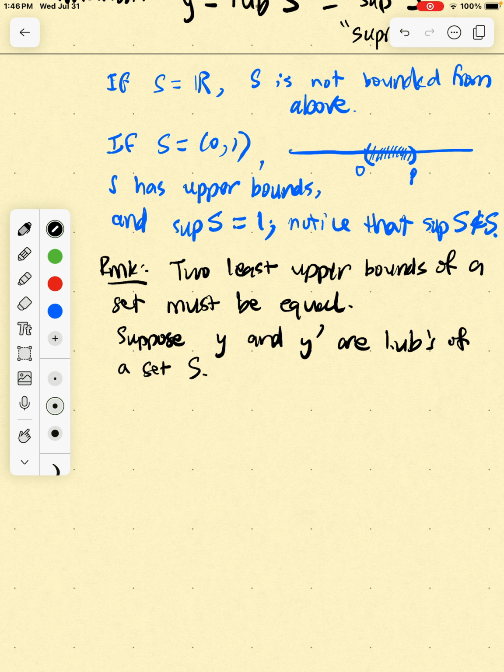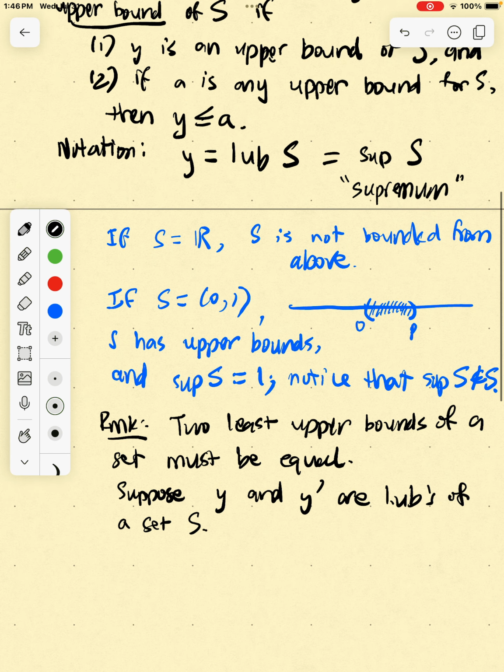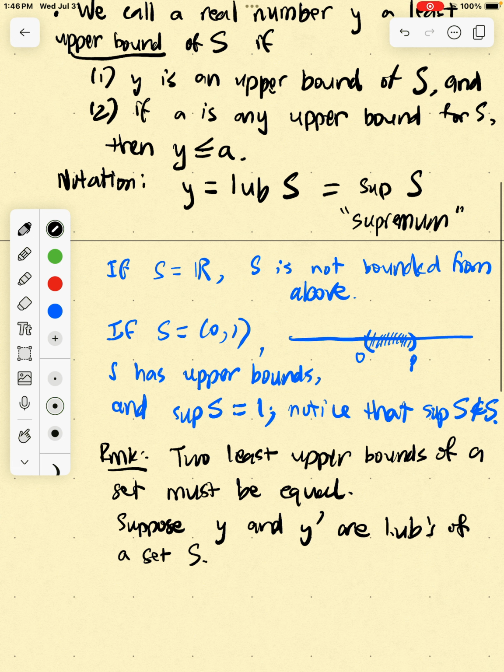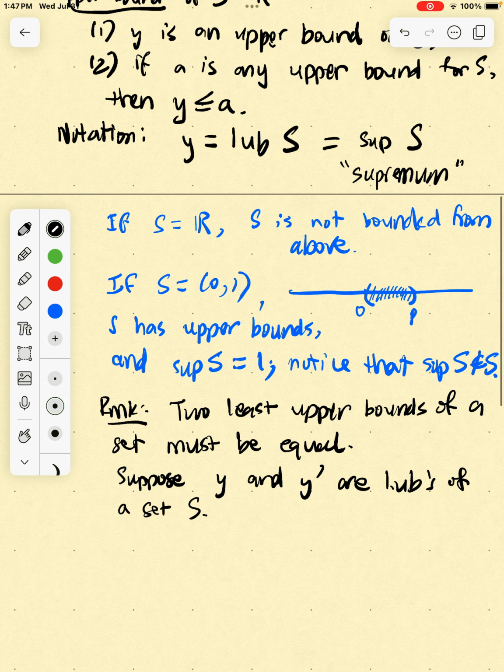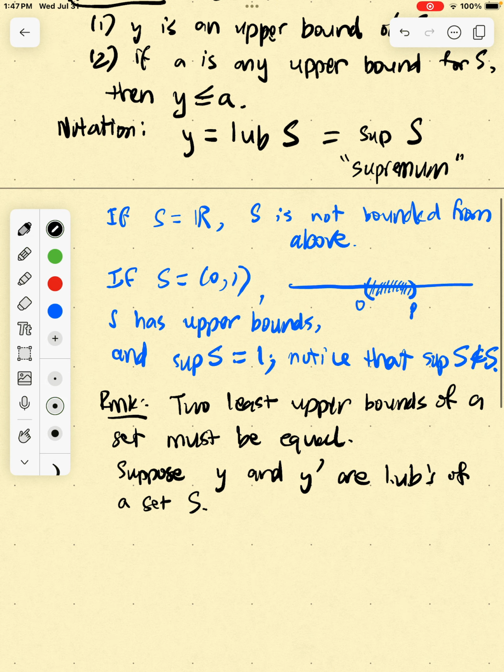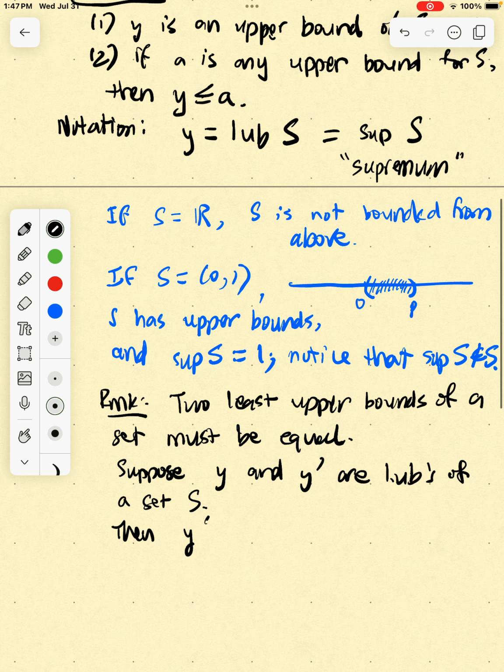And since y prime is a least upper bound, y prime must be less than or equal to any upper bound for S. That's by property number 2. So y prime is less than or equal to y.